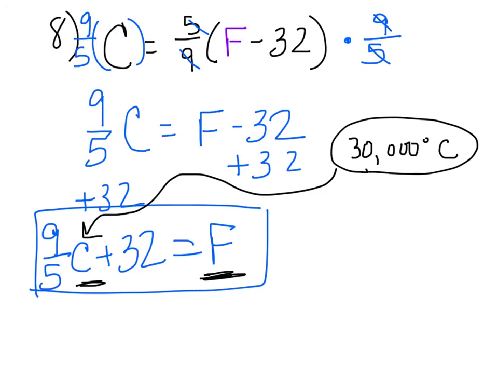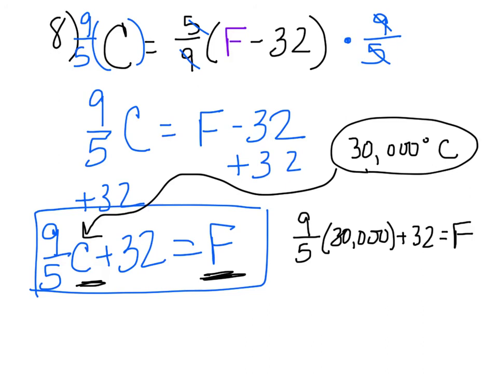Let's go back to about 6th or 7th grade and plug it in. All I do is take the 30,000 and plug it in for C. So now you multiply. 9 times 30,000 divided by 5.